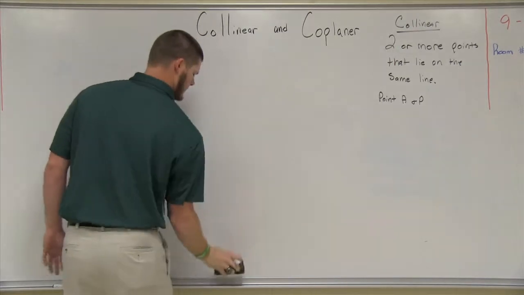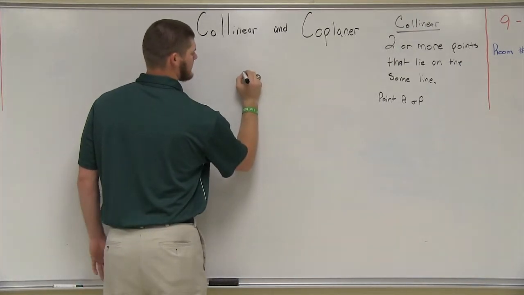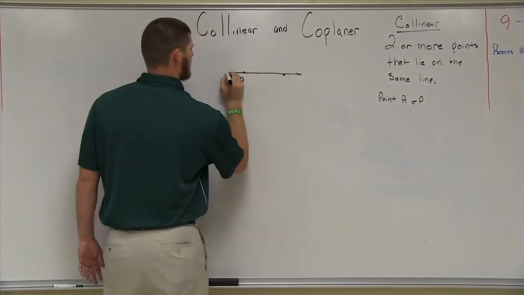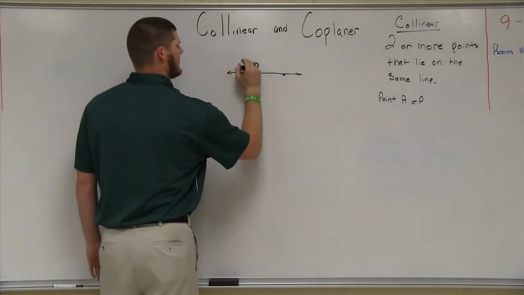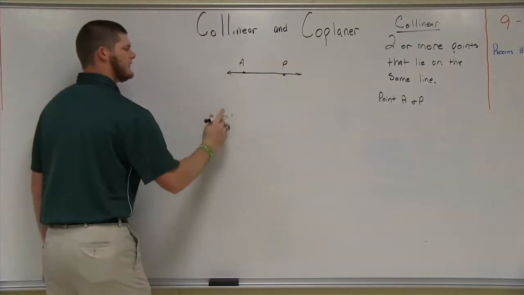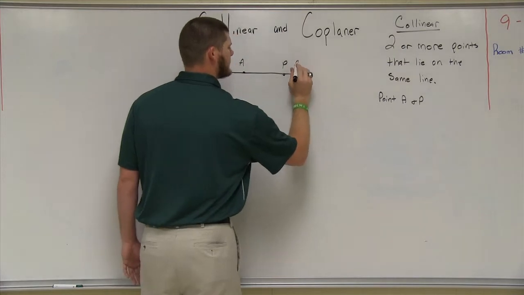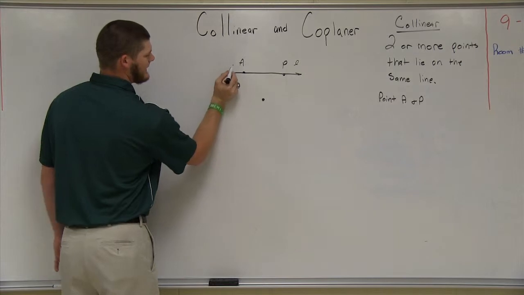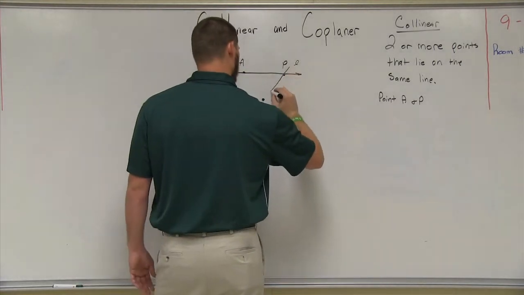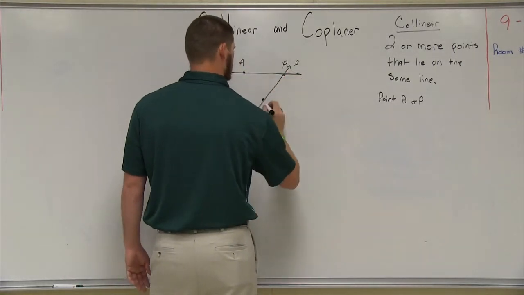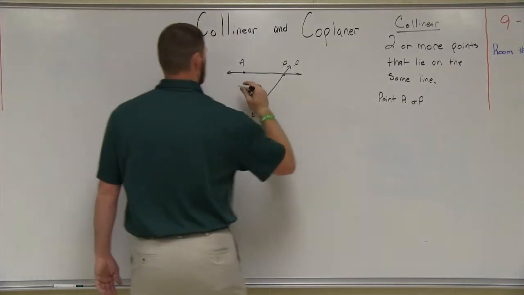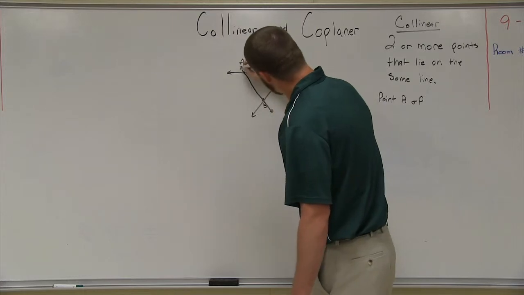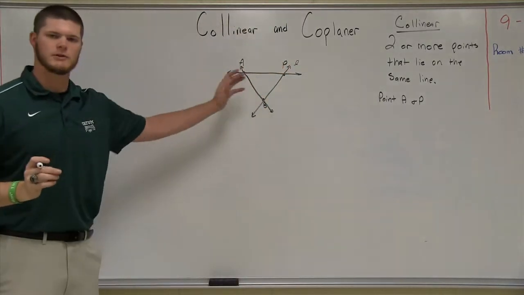If 2 points make a line, point A and point P, it requires 3 points at least to make a plane, because we can see that we now have an area that will expand in all directions.